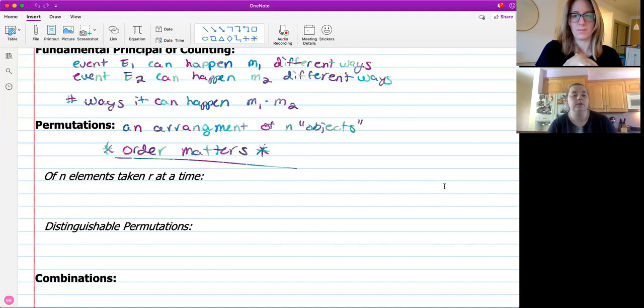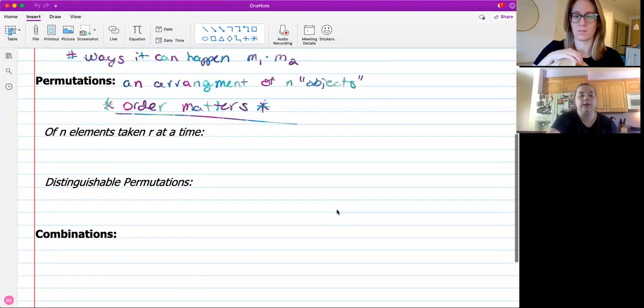If you care about who's coming in first, second, third, then you're going to use a permutation. If you just want to know how many different combinations of who comes in first, second, or third, then you're going to use a combination. But for this one, order matters. So just remember that when you're taking your checkpoint.